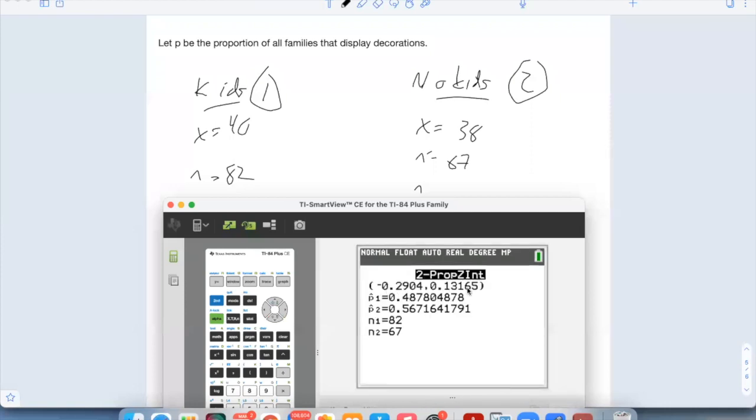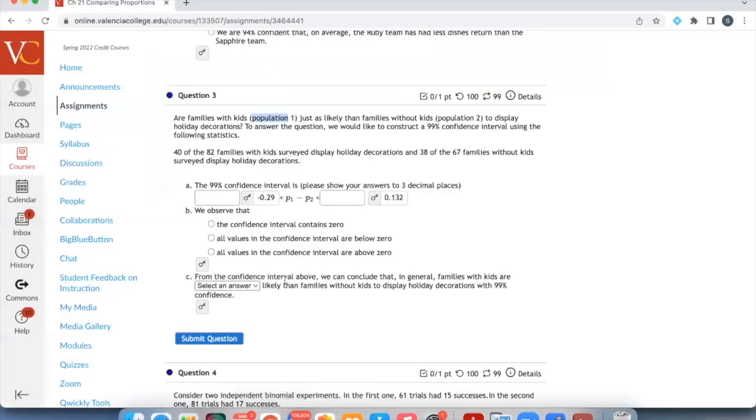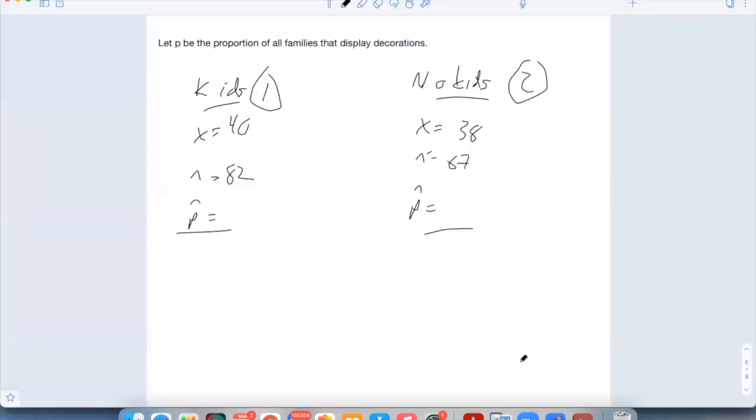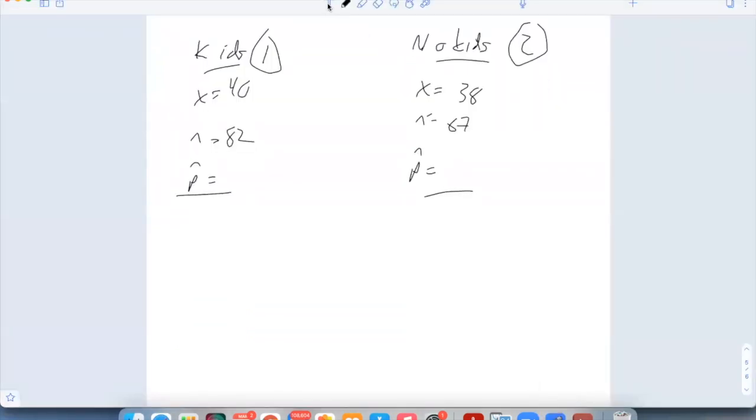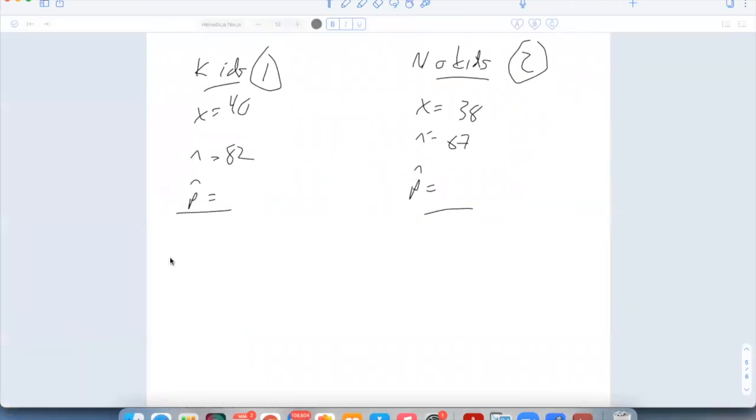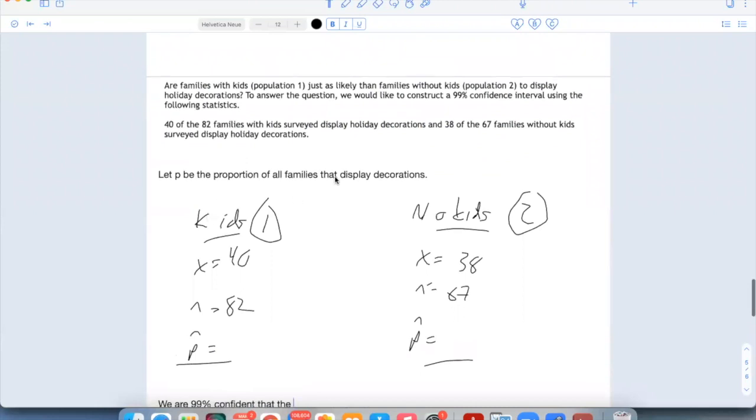Okay, so we get these two numbers. Same numbers they got. The question is, how do we write the sentence if you get a negative and a positive? So again, I'm going to write it again. We are 99% confident the success rate. What's success? Putting up holiday decorations.